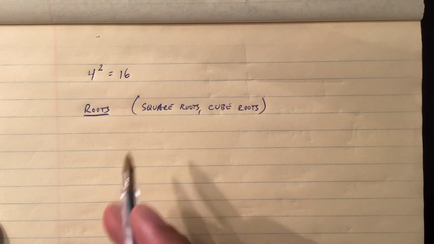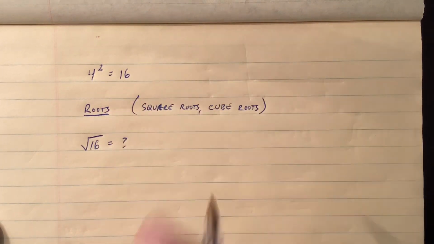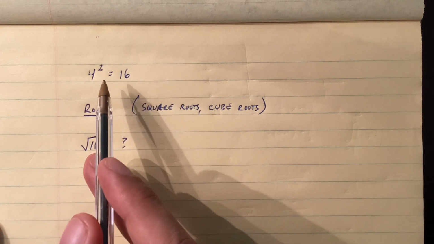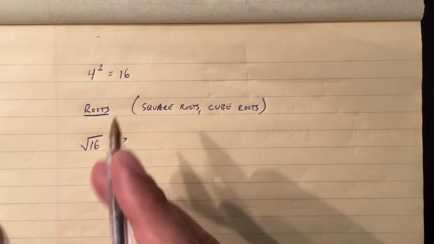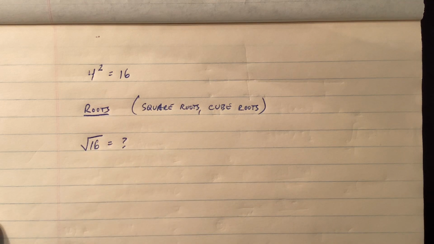All right, so you may be given a problem where it says find the square root of 16. We can think about our powers from the previous video, and if we're looking for the square root of 16, we want to find, okay, what number multiplies with itself to get 16.